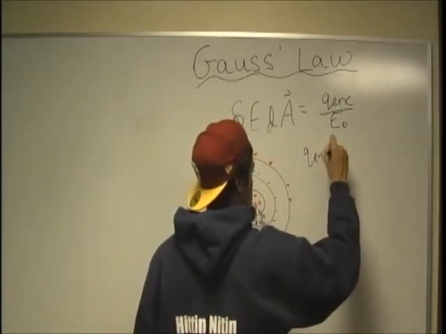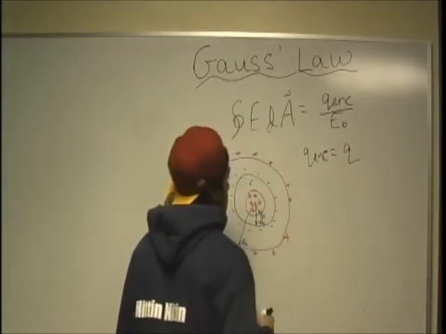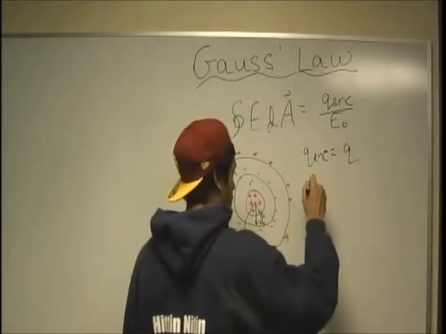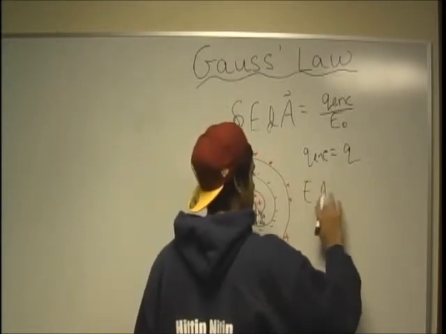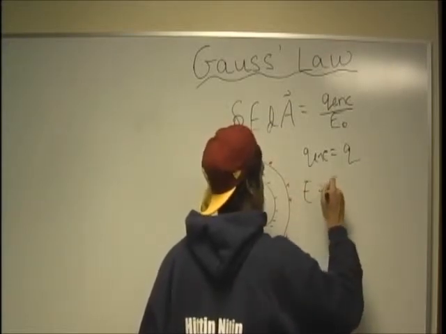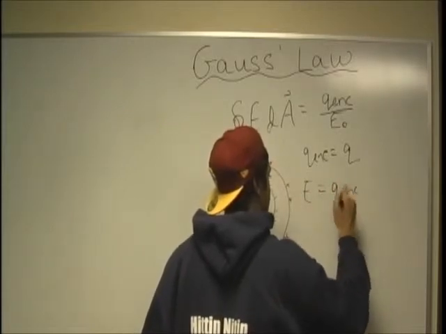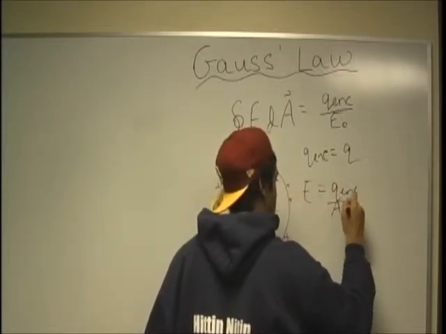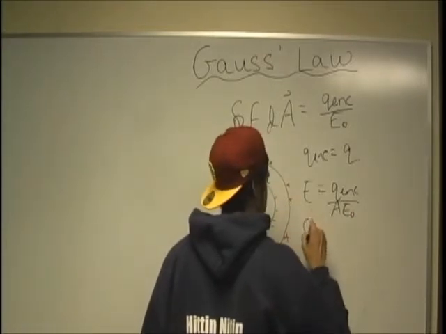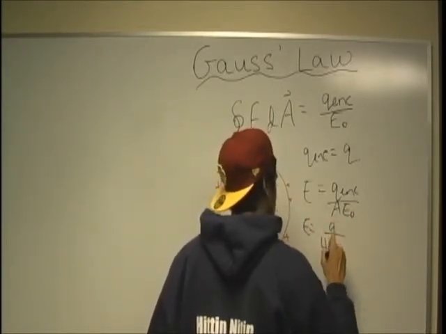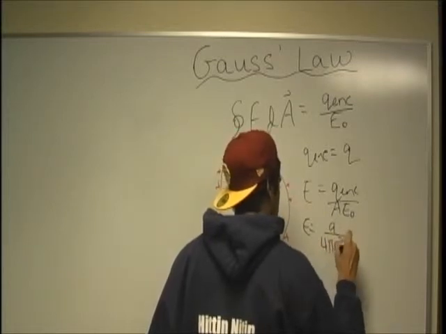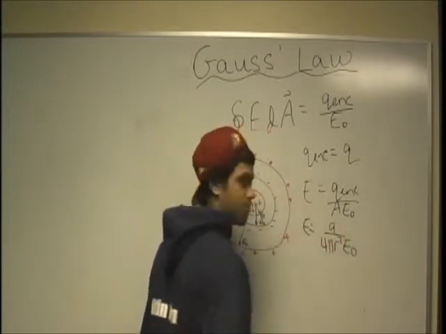Q enclosed equals Q. So now we can solve for the field. And just simply say that it's going to be Q over 4 pi r squared epsilon naught.